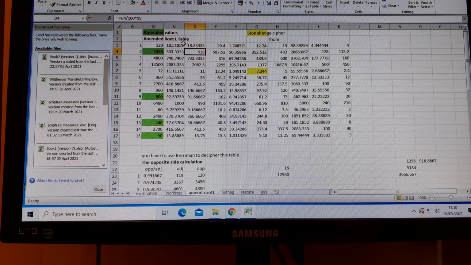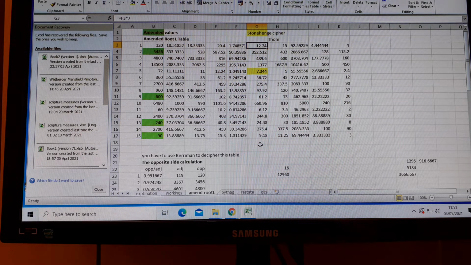And what I wanted to do was to apply some fractional alterations to this table to produce a table of values that Thom was using. And that's this table here. And that's Thom's values divided by 11.6, and we get this table here, and then we multiply that table by 7.